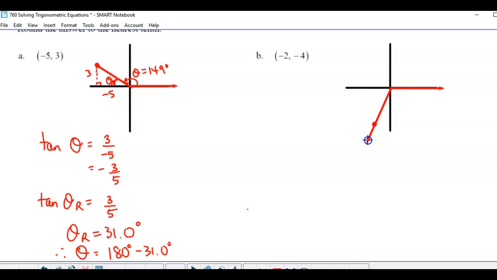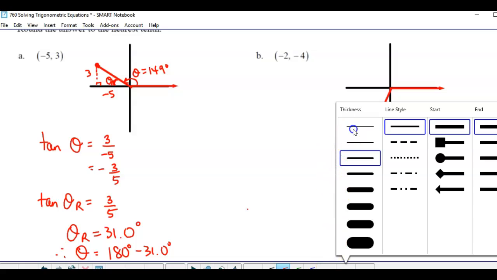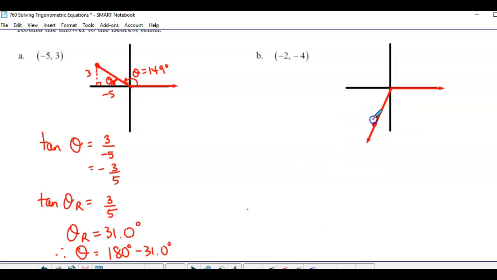Okay, you can go through it if you want, right? But you're going to draw your triangle, up to the x-axis. So there's your angle theta. And then this angle is your reference. Okay, point, so that's -2 and this is -4.